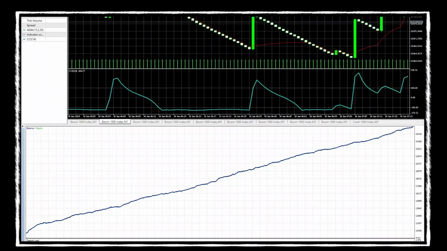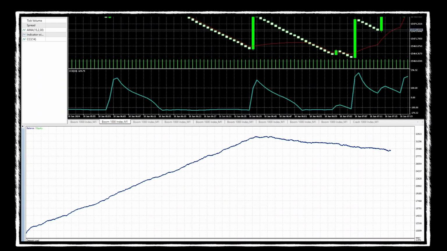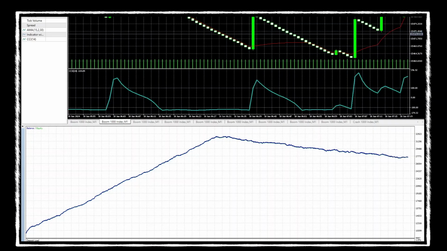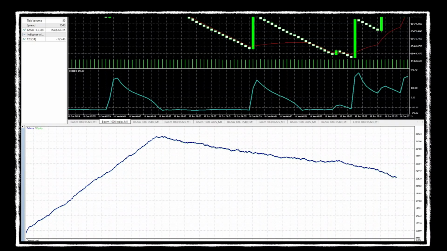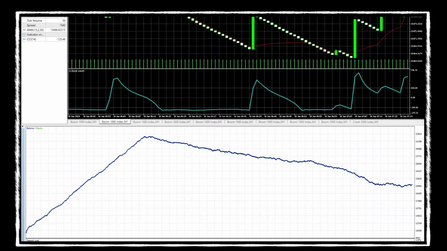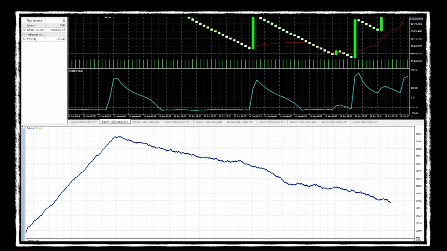Then this happened. Again, we ran out of money. While this is discouraging, it suggests that pairing the CCI and the AMA did something, up until this point anyway.